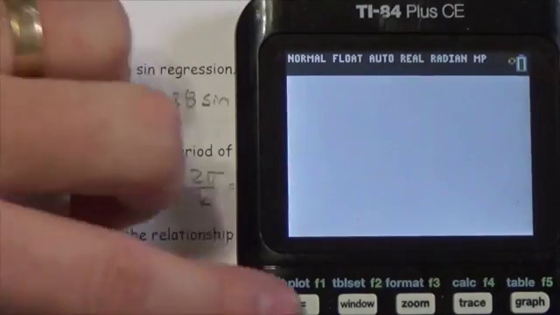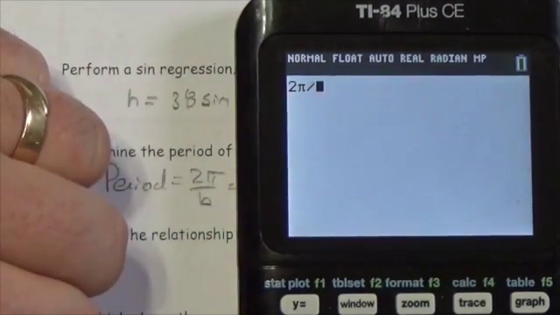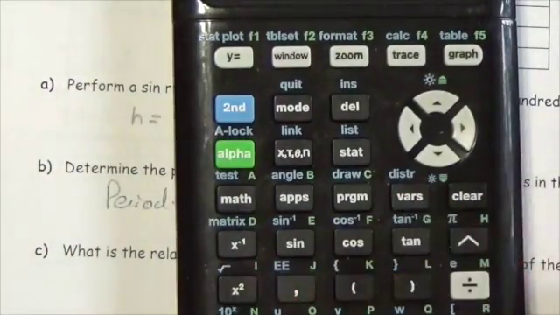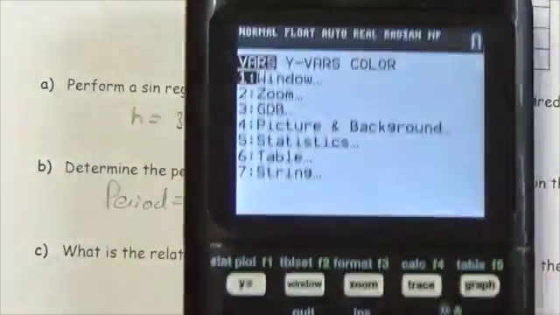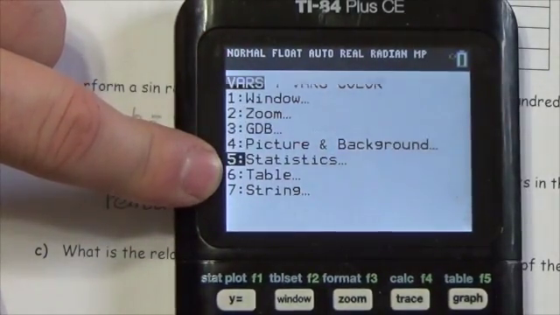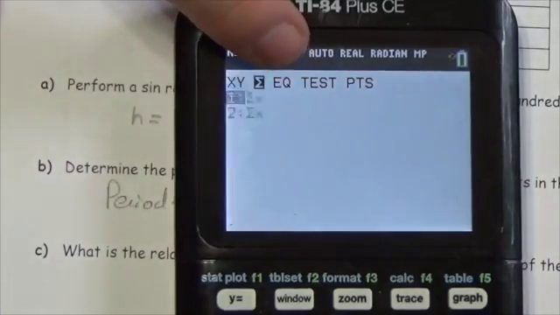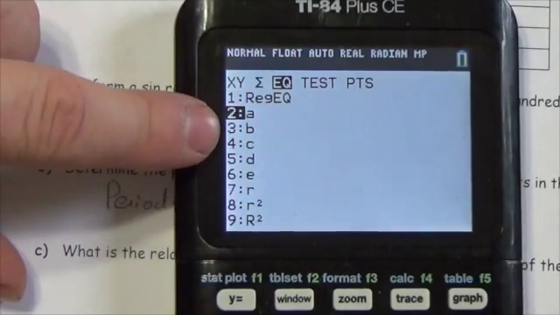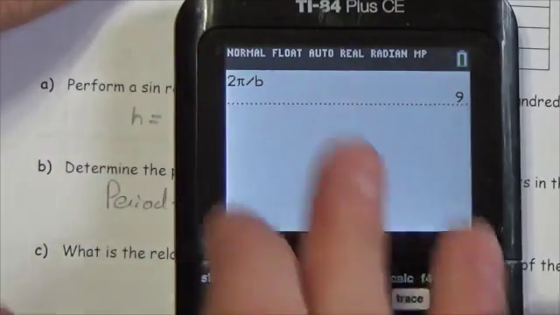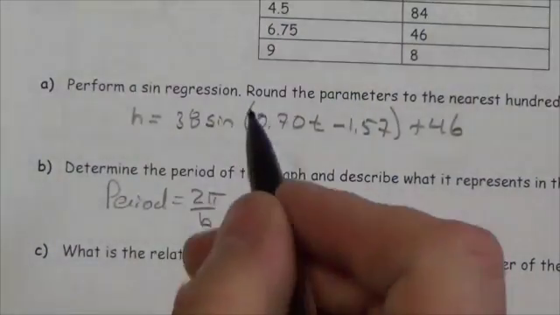I will enter 2 pi, and I'm going to divide that by b. Now remember, the calculator has already stored b in a variable here, so we're going to press vars to access that variable. It's down here as a statistical variable. Press enter. And it's an equation here, and then there's b right there. So 2 pi over b. Oh, and we get a beautiful number. It's just 9.